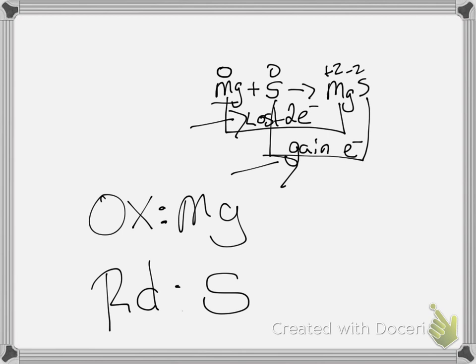It lost 2 electrons, because we're going to put all of these numbers into an equation next week to finish off redox. How many electrons did sulfur gain? 2.